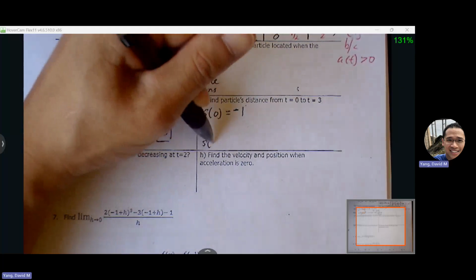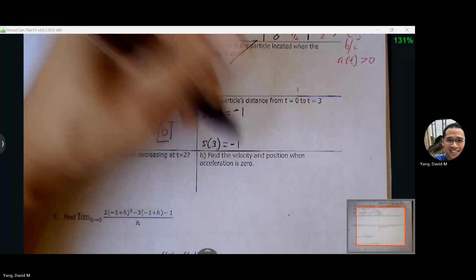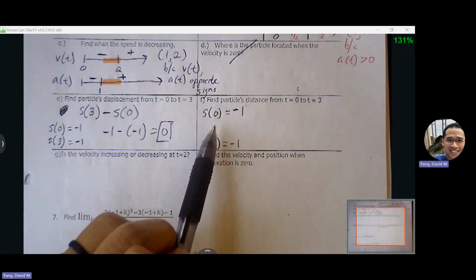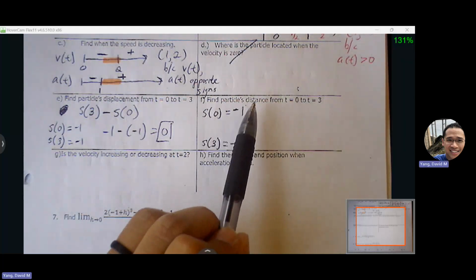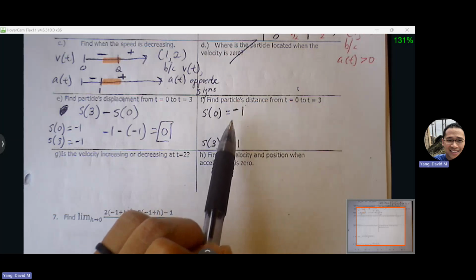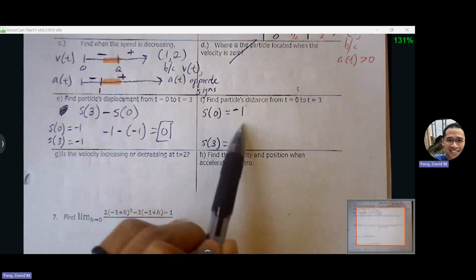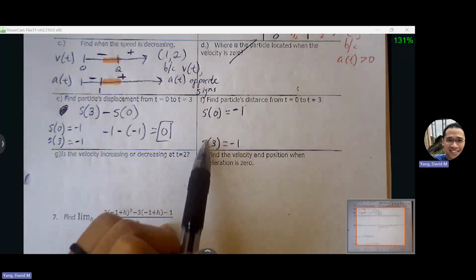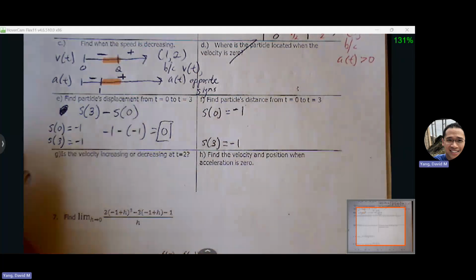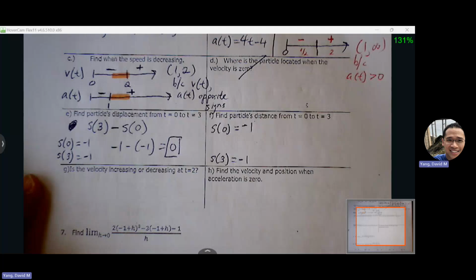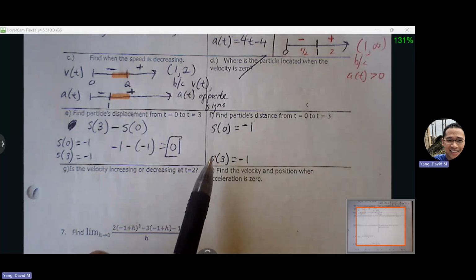We still need S of 3. But the thing with distance is that we have to basically walk our path, but we only have to worry about a point in between if there's actually a change in direction. Is there a change in direction between 0 and 3 of this particle's motion?